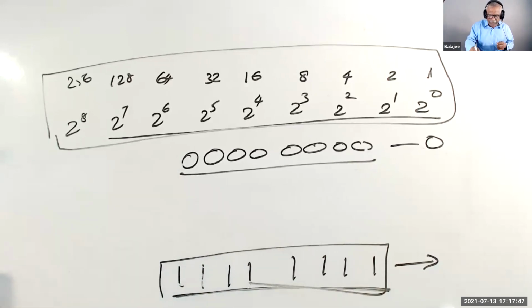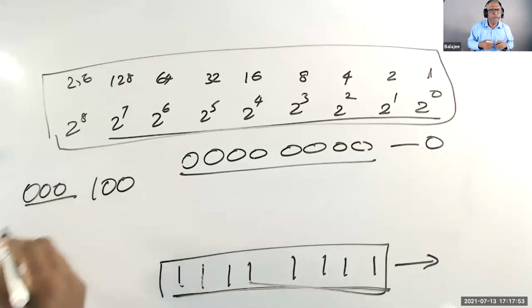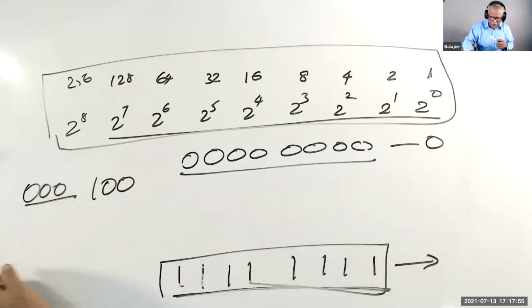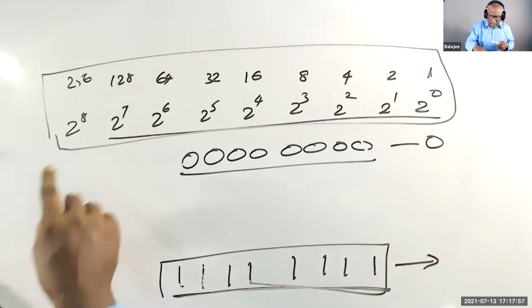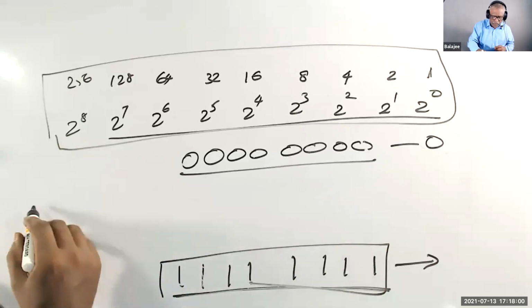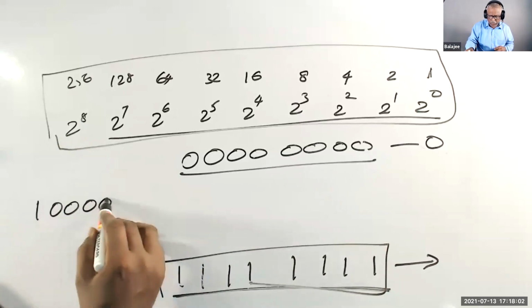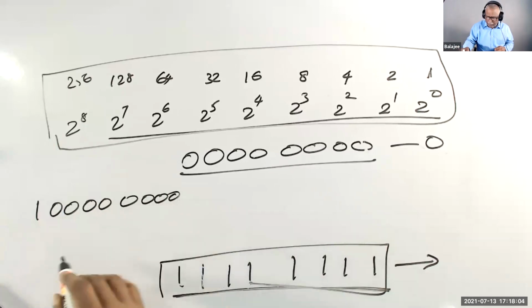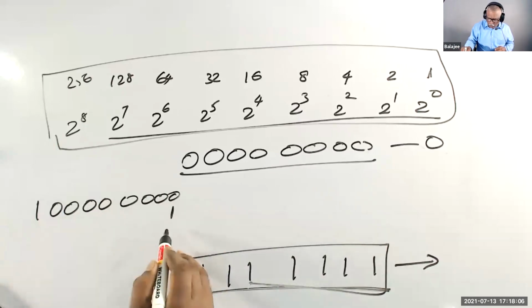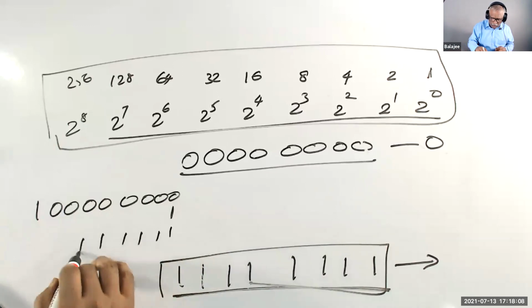Smallest 3-digit number is 100. Smallest 3-bit number is 000. We always write that 000. So if I have a 1000, if I subtract 1, I get 1, 1, 1, 1, 1, 1, 1, 1, 0.